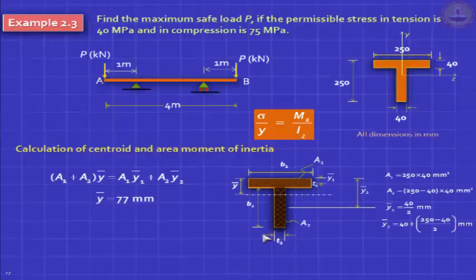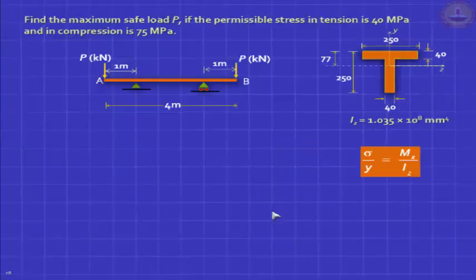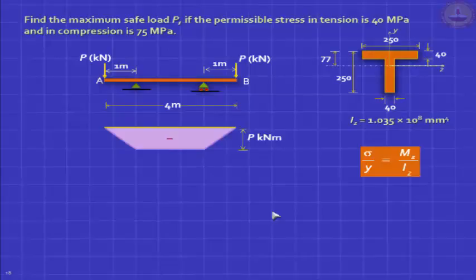We'll assume you know how to do that. In this problem, Y bar is found to be 77 mm. Then use parallel axis theorem for each part A1 and A2, get the second moment of area, and you should get these answers. Okay, so I'm assuming you found I, and let's proceed.